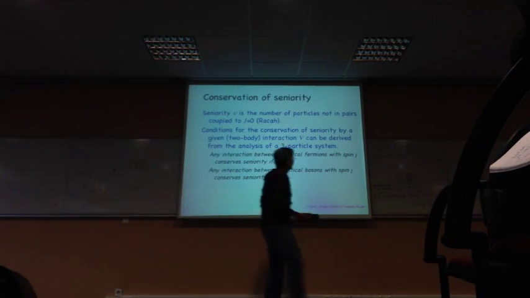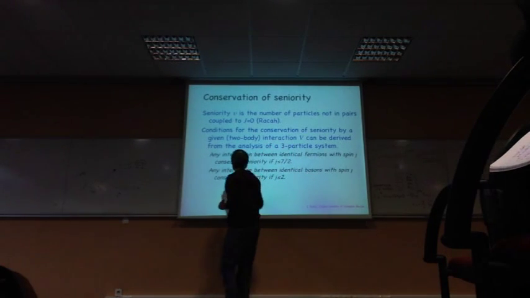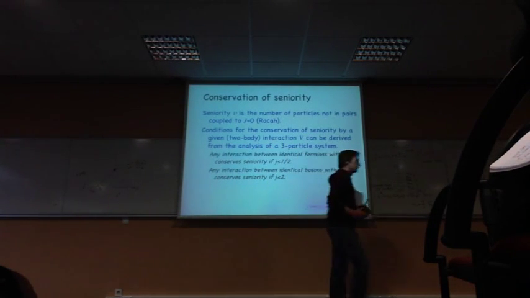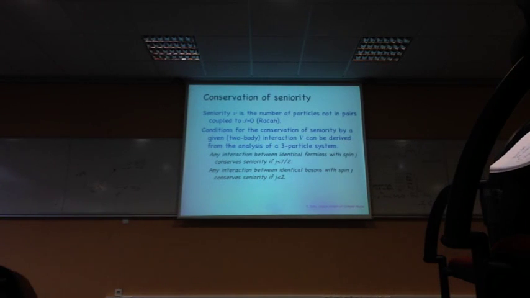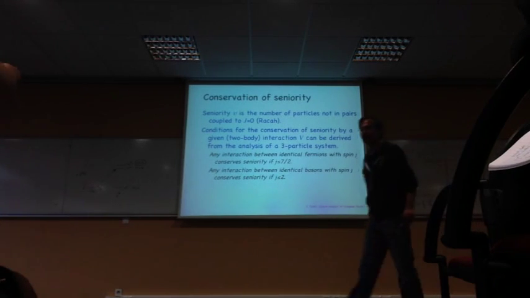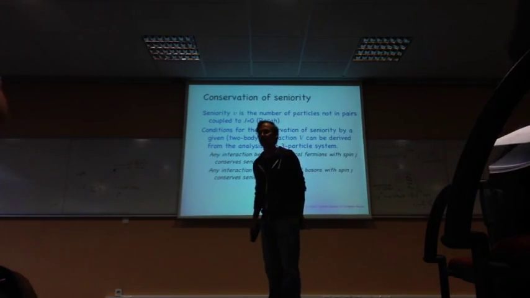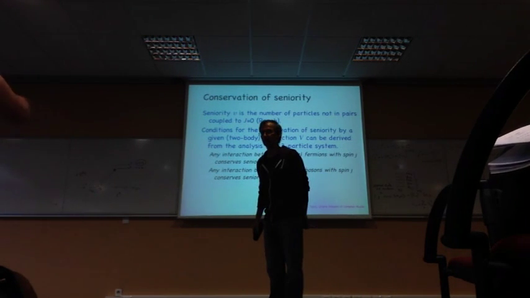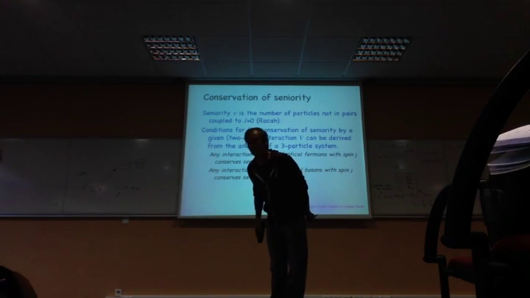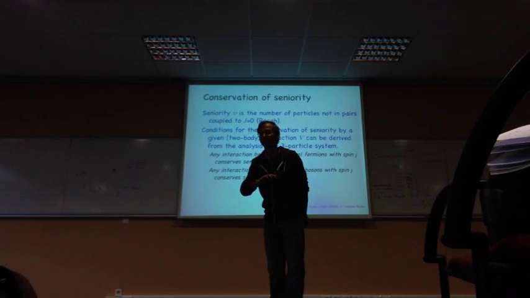Okay, so now, let me get back to these conditions on the conservation of seniority. Excuse me. Yes. I want to confirm this situation. V equal 1 is all particles coupled in pairs except one.